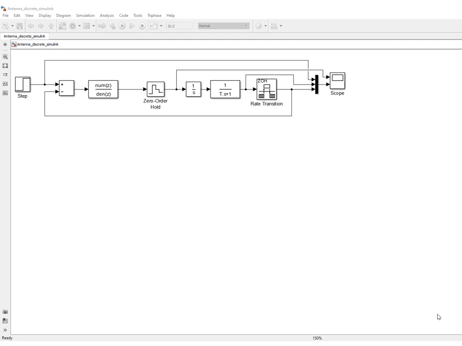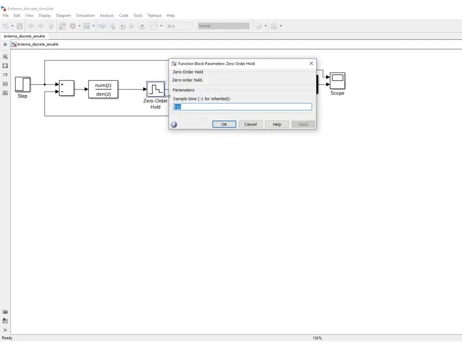Here you have an example of such a simulation of a sampled data system. It is applied here to the tutorial example that we'll use in this section. So what you have over here is the process that we'll be using, and you can see that we are emulating the zero order hold mechanism using this block. It is very important that you put the appropriate sampling period over here.